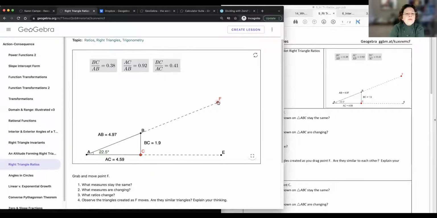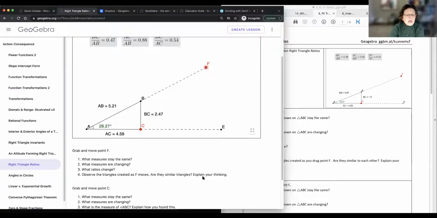So if we grab and move point F, what measures are staying the same, what measures are changing? Pretty much everything is changing. If I'm moving point F, the only thing that doesn't change is side AC, but all my ratios are changing. Okay, the triangles that I'm creating are not similar. They are right triangles, but they are not similar to each other.